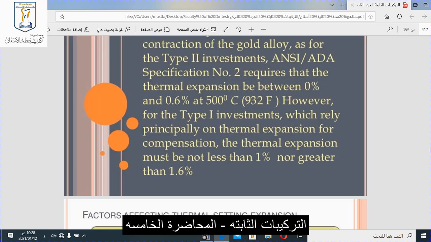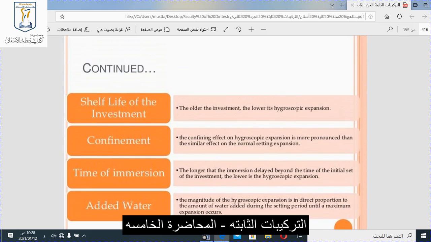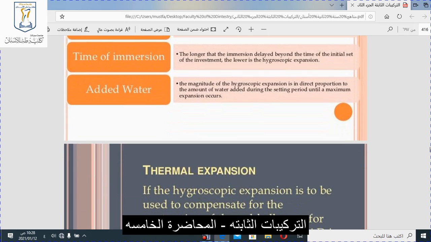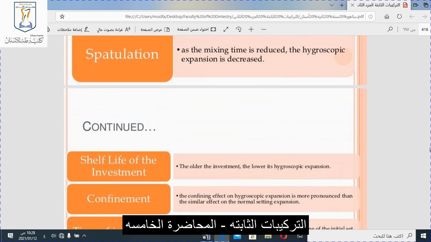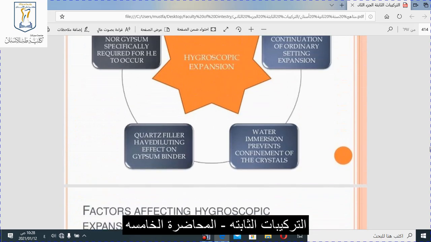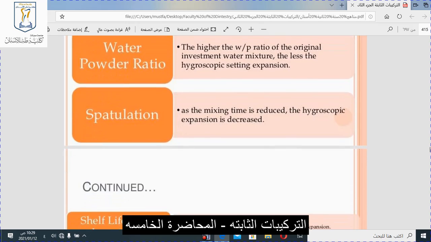The liner is either celluloid or asbestos. A moist liner will add to the hygroscopic expansion. Asbestos cannot be used nowadays because it is carcinogenic for the lung. So we have to use only the celluloid liners.